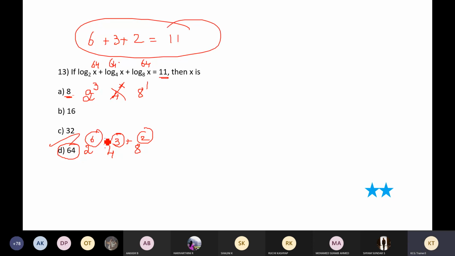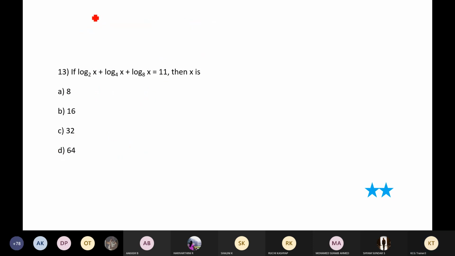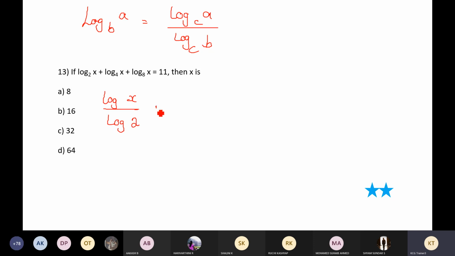Okay, so this is one way of solving it. What is the actual way of solving it? Because remember, I told you, log of a to the base b, I can write as log of a divided by log of b with a common base c. So similarly, I can write this one as log of x divided by log 2 plus log of x divided by log 2 square, which is 4, plus log of x divided by log of 2 cube, which is 8.